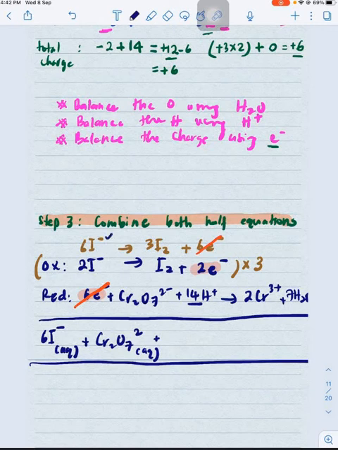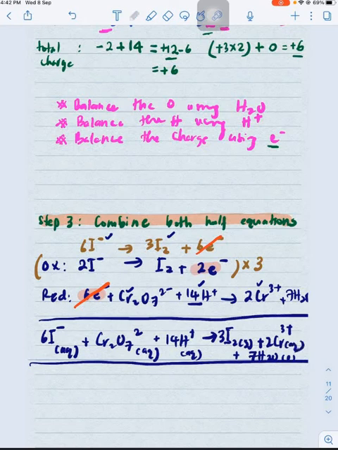Equals, and then dia punya produk adalah 3I2 solid, campur dengan 2Cr3 plus, tambah 7H2O liquid. Ini adalah aqueous.